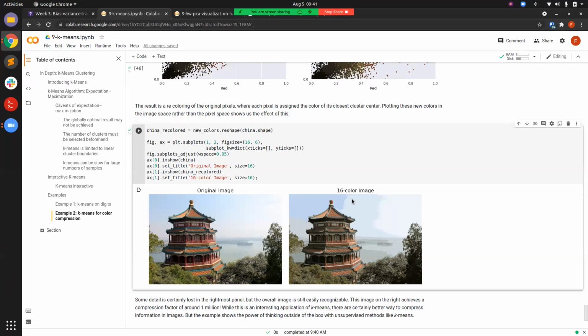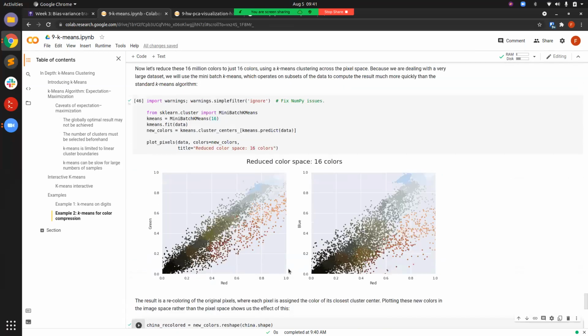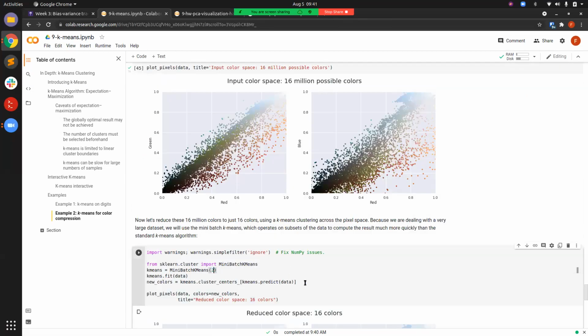Another more common approach to this would be to use k-means clustering to try and differentiate foreground and background in images. So let's try and reduce the number of clusters to 2.